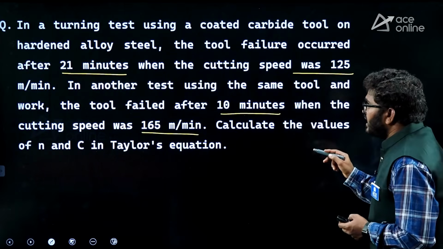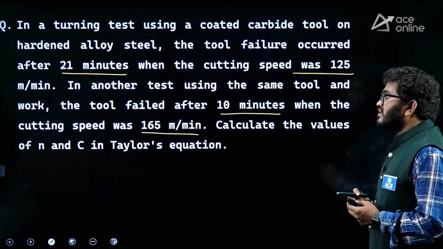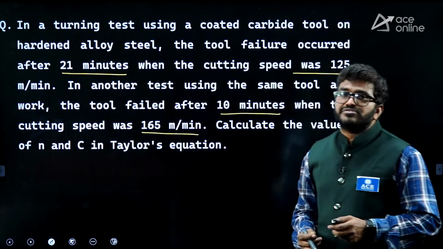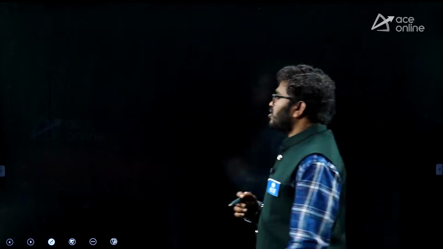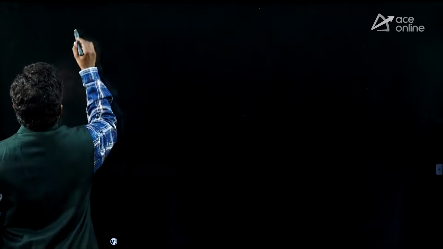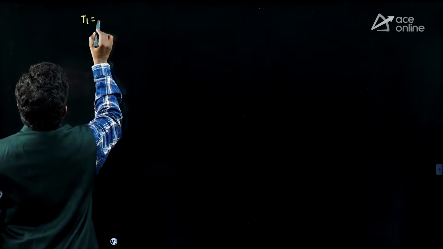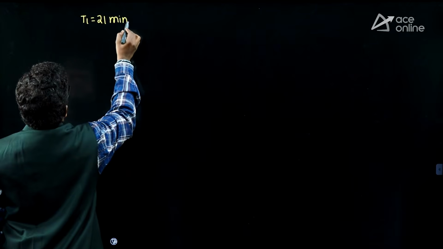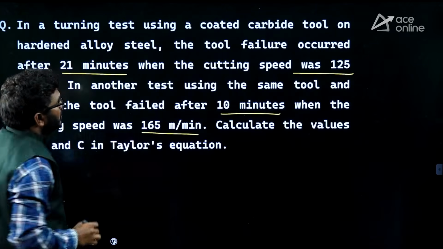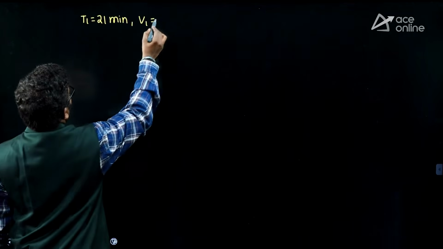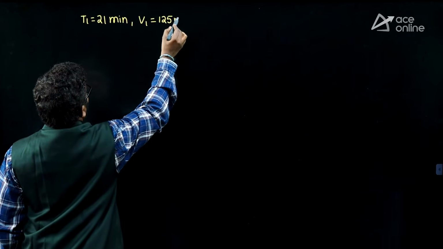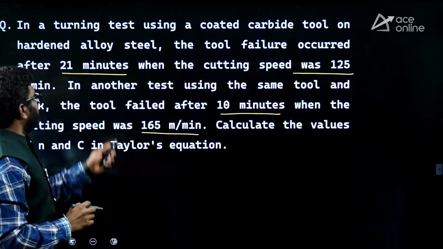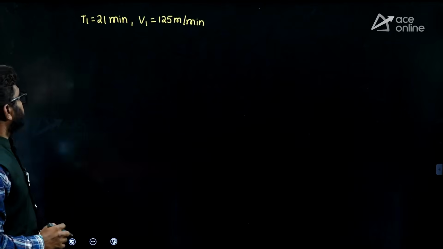Calculate the values of n and C in Taylor's equation. Sometimes they'll give you four options of n and C values. Now we will calculate. It's a very simple concept. Now listen carefully. T1 is 21 minutes and V1 is 125 meters per minute.